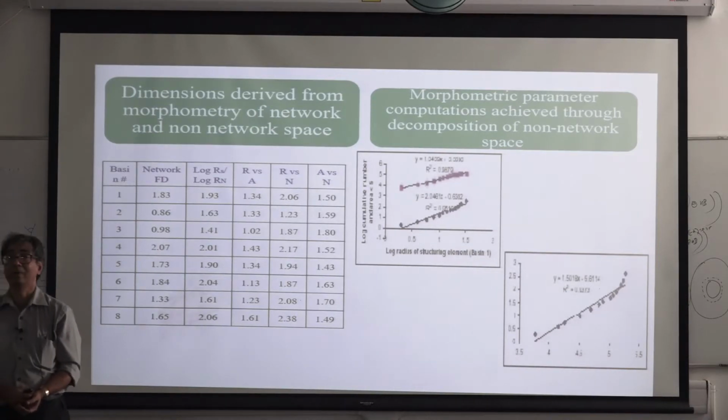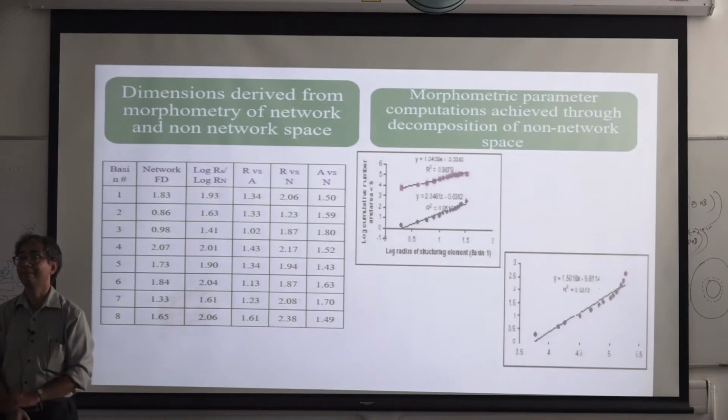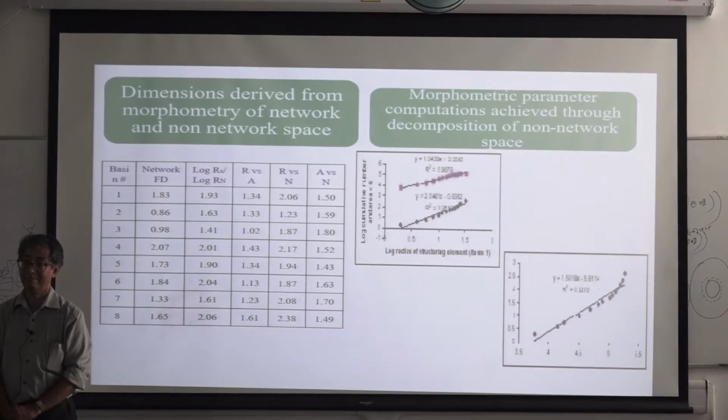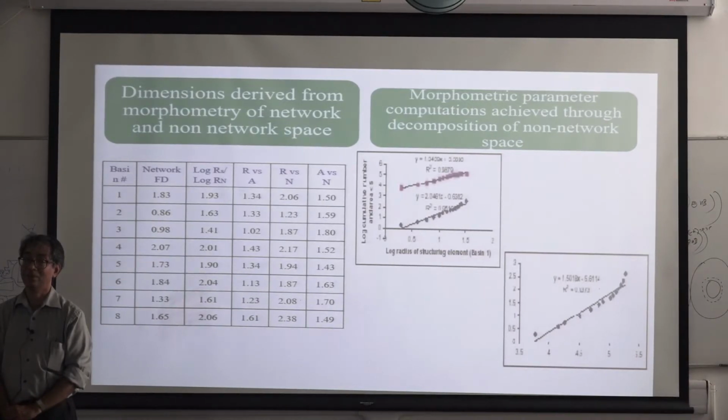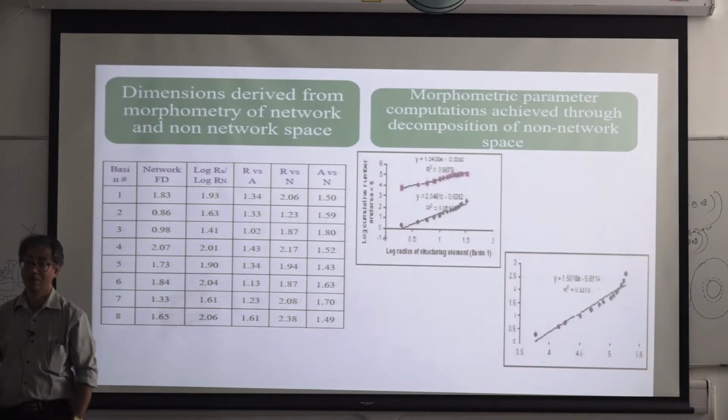Now for these two parameters, for a whole catchment there will be one relationship, and within this catchment there will be small sub-catchments, small tributaries. In that tributary also, there is a relationship between discharge and slope.